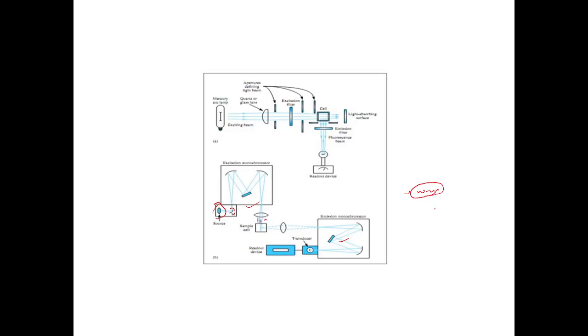Then the sample will go to the excited state, and once it goes to the excited state, we have the emission spectrometer, where we record what the wavelengths are and what their intensity is. We count through the transducer, and there is a readout device. So basically we get an intensity versus wavelength plot, something like this.